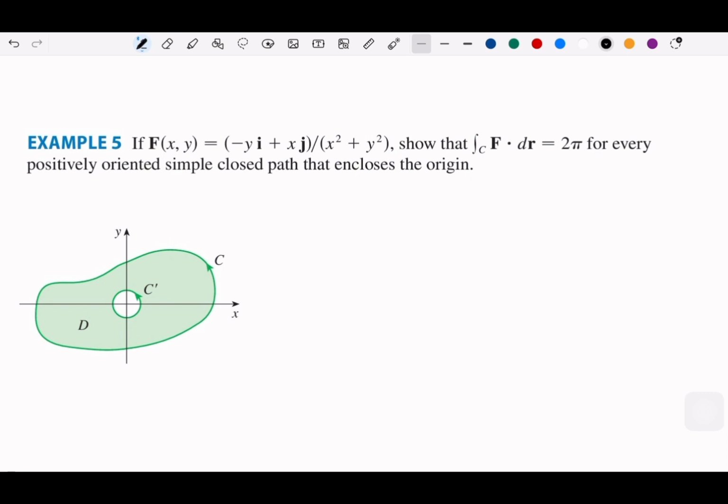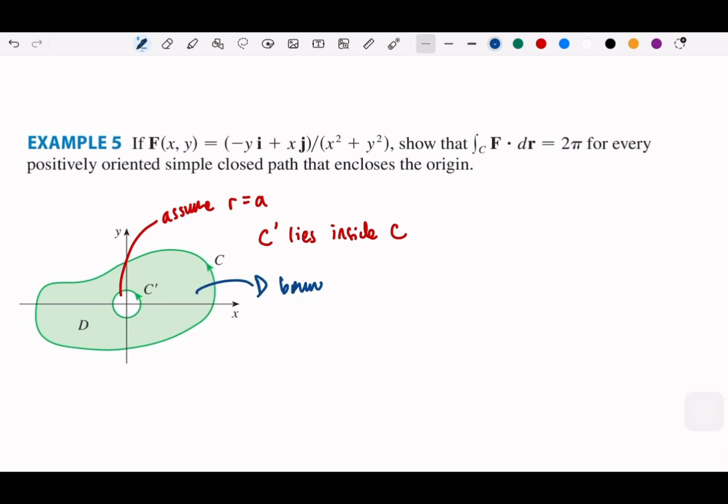Let's say the circle has radius a, which will be small enough that C prime lies inside C. And D is assumed bounded by these two curves.